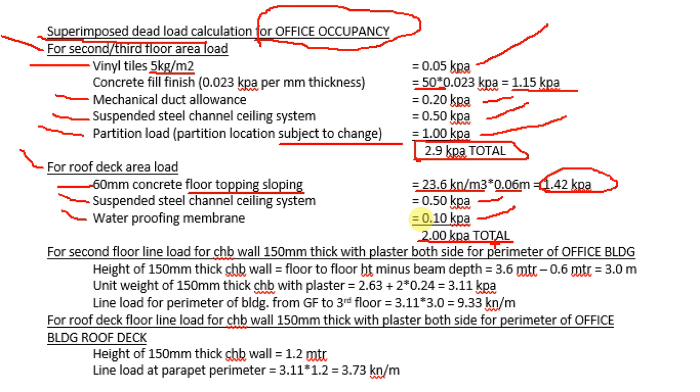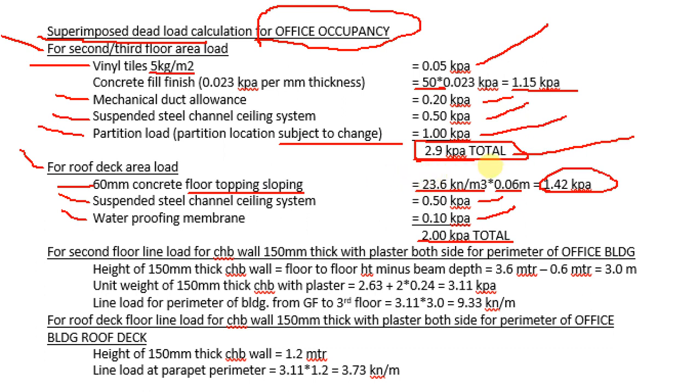So, basically, ang self-weight natin ay reinforced concrete, so 23.6 kilonewton per cubic meter. Then, this is our superimposed dead load, so 2.9. Pag i-convert ko siya sa kilogram, just times 100.